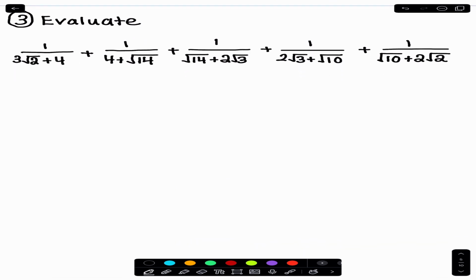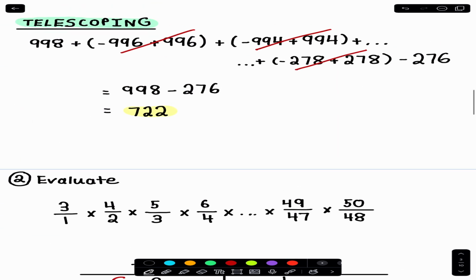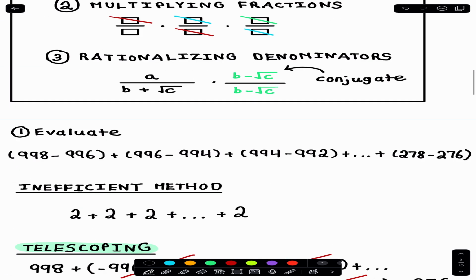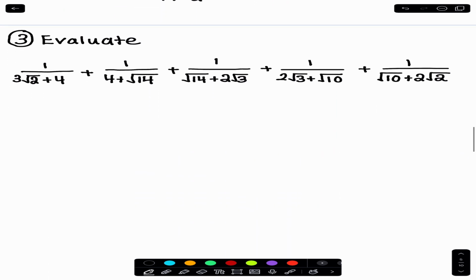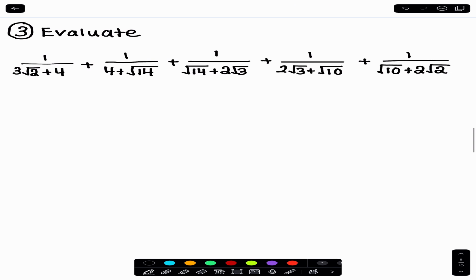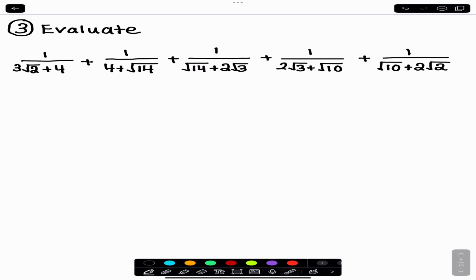So if question 1 used the sums and differences setup, question 2 used the multiplying fraction setup, sorry. Then question 3, you might guess, is going to use the rationalizing denominators.